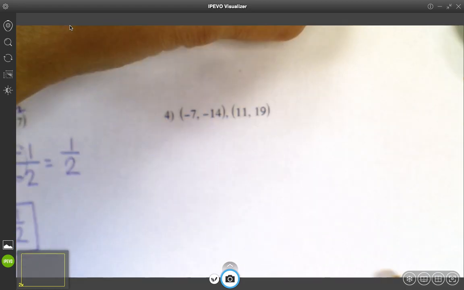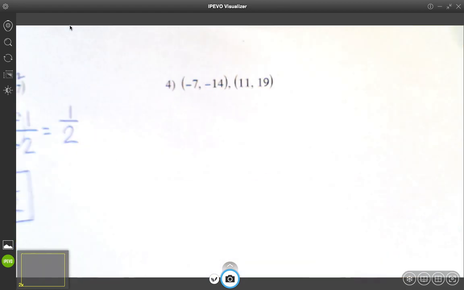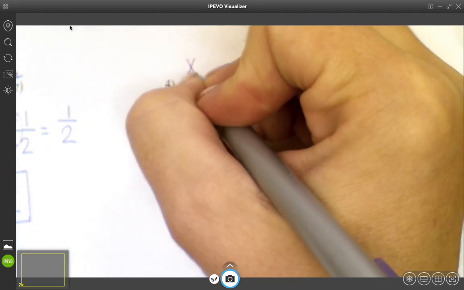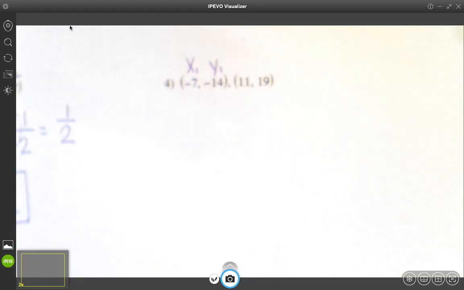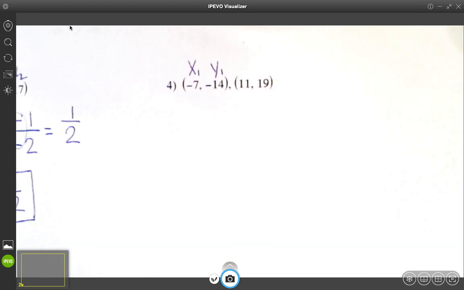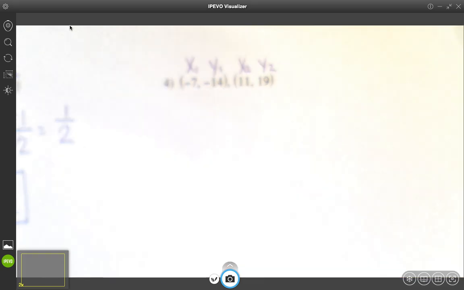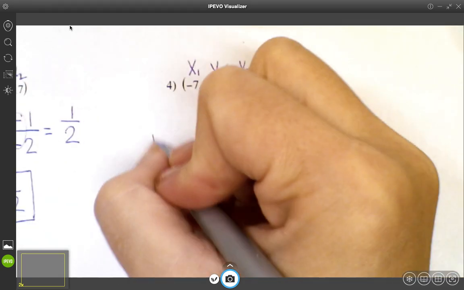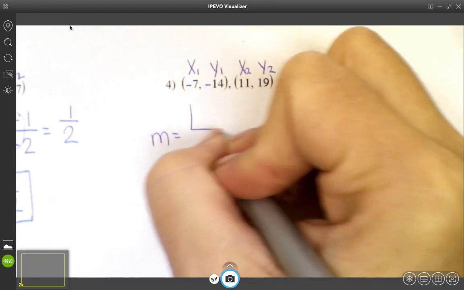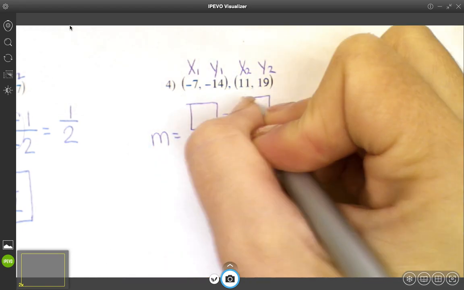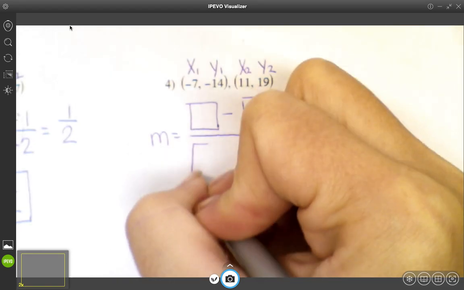All right, and then the next example, we have x1 and y1 for negative 7, negative 14. And then we have x2 and y2 for 11, 19. And I'll get our setup ready.